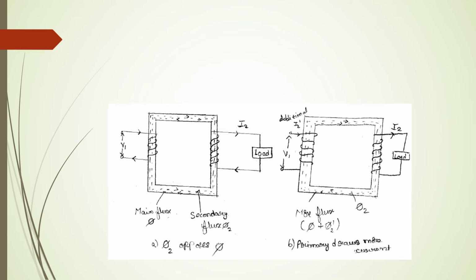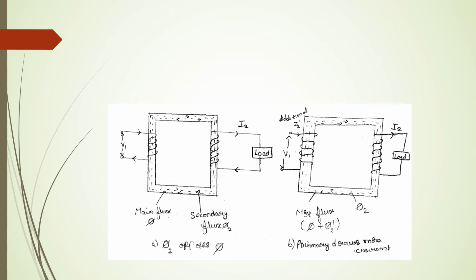The current I2 dash is in antiphase with I2. The current I2 dash sets up its own flux which opposes the flux phi2 and helps the main flux phi. Therefore, when the transformer is loaded, the primary current I1 will have two components.